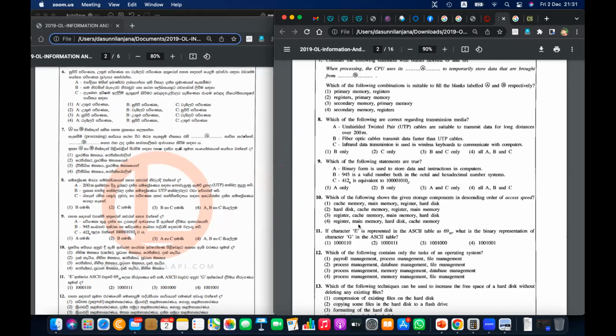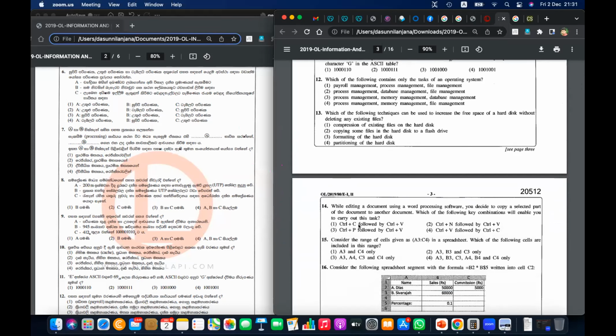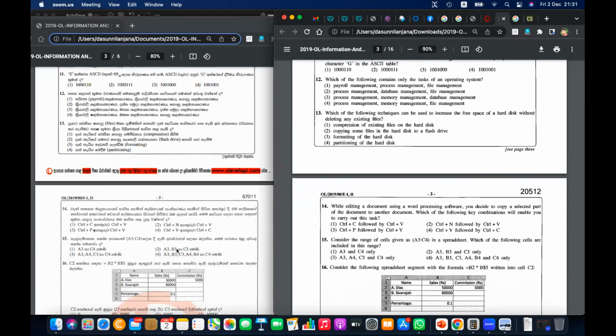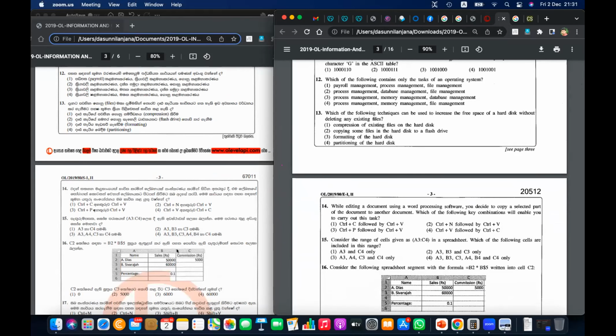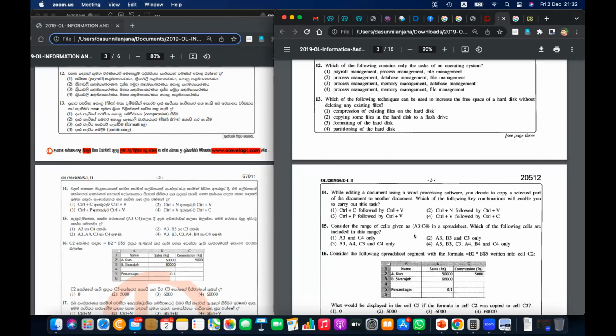Are you sleepy? 12 to 15 කරමු නේද? කම්මැලි වෙන්න එපා. 12 to 15 කරමු අදට. And 16 also you can. 12 to 16 ම කරමුනේ.